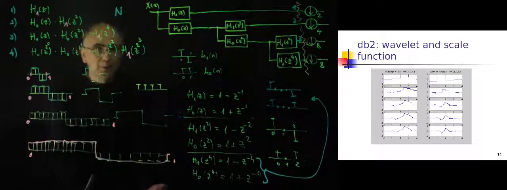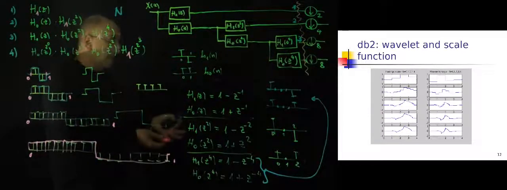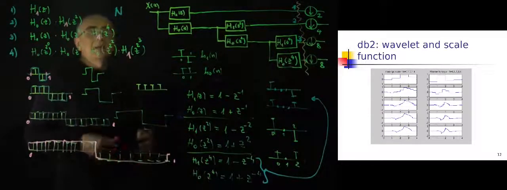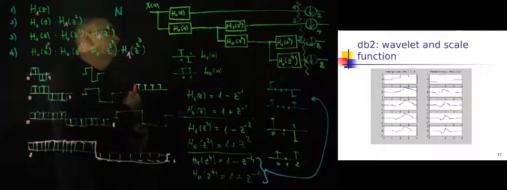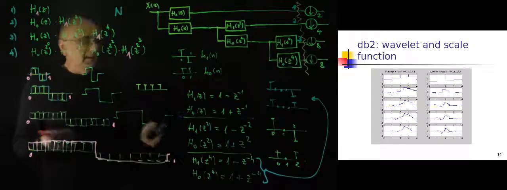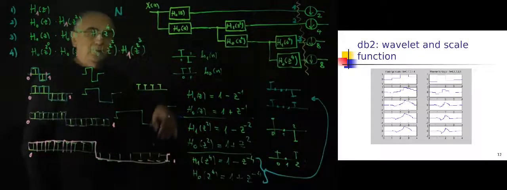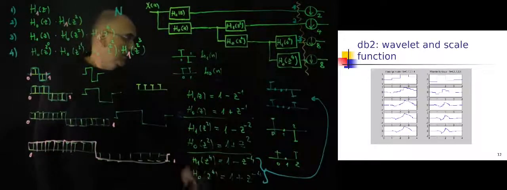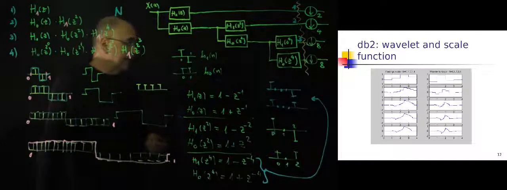Looking from the bottom up, we can say that we are looking at the same thing in lower and lower resolution, with less and less precision. But if we go to the bottom and on to more levels of decomposition, the result will be something that looks exactly the same.